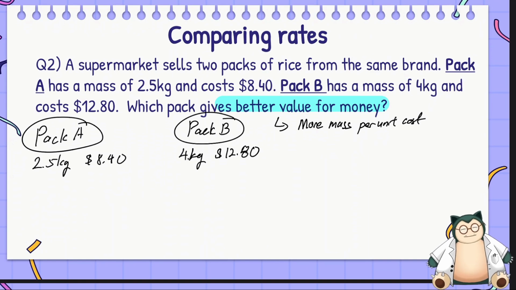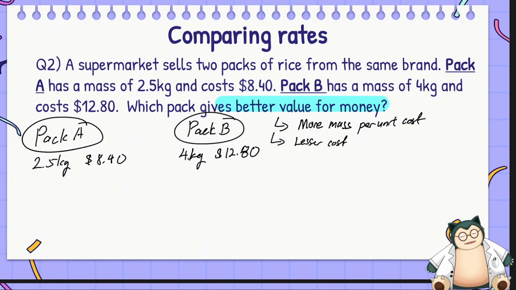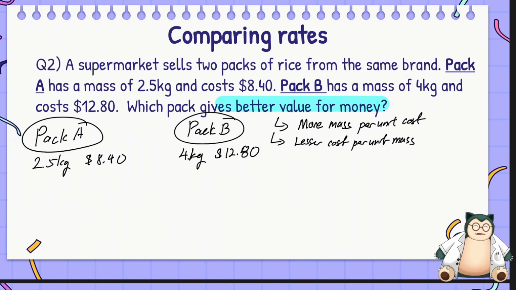Or some of you may also look at it as the lesser cost per unit mass. Either one works in the context of this question, but maybe you just choose one for this question. Let's say we choose the more mass per unit cost. So for every $1, how much rice can I buy for each of the packs?